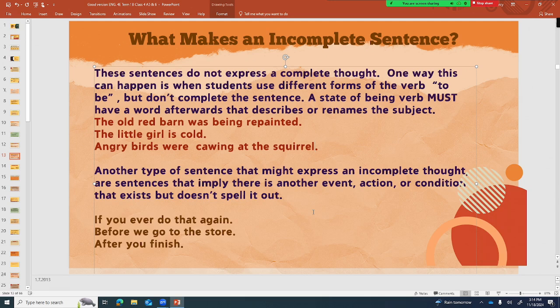Before we go to the store, okay, well, what needs to happen? Before we go to the store, I need to take some money out of the bank, right? After you finish, something's going to happen, but what? I haven't told you. So when you're having this kind of sentence, you have to be careful that if it's a two-part sentence, you've included both parts.